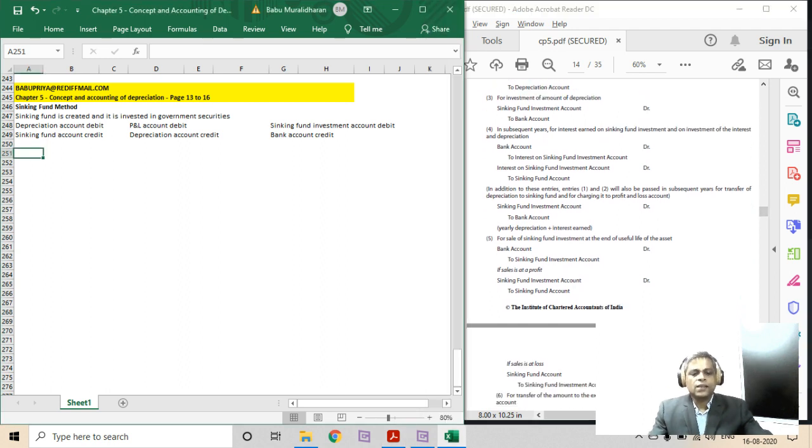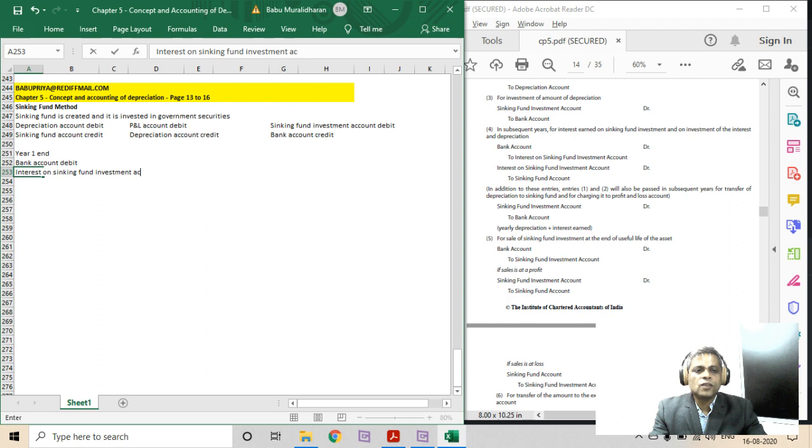Then at the end of year one, there will be interest earned on the sinking fund investment. Bank account debit, because the interest gets credited to our bank account, and interest on sinking fund investment account credit. It's a revenue, right?